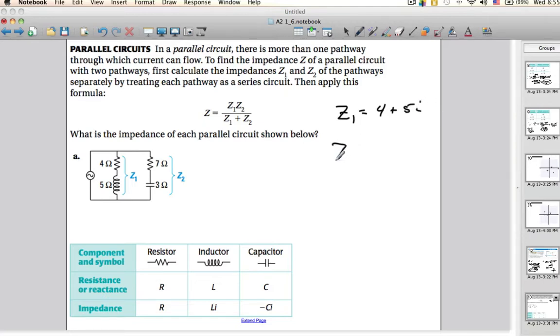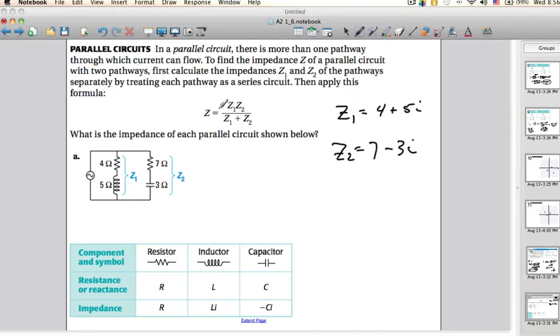Okay, now if we look at Z2, we need to add these up. Again, we have a resistor, so that's just going to be 7. But then we have this capacitor, and the capacitor is 3 ohms times i, so it's minus 3i. So I've used my little chart to take these two pathways and calculate their impedance, right?